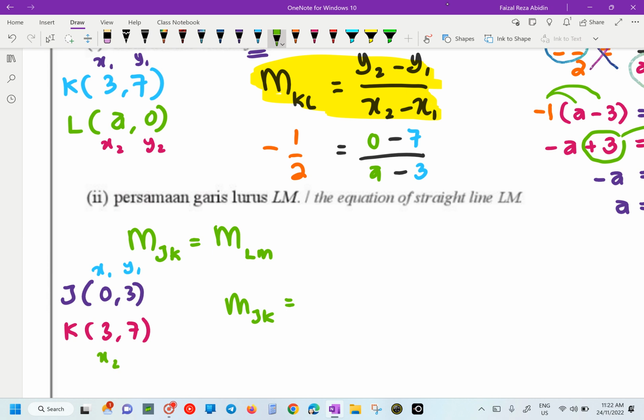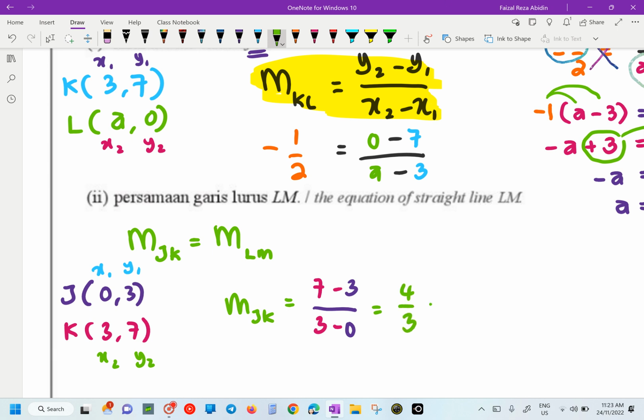This one will be x2, y2. So y2 is 7 minus y1 which is 3, over x2 which is 3 minus x1 which is 0. So 7 minus 3, 4 over 3. So our JK here is going to be 4 over 3.